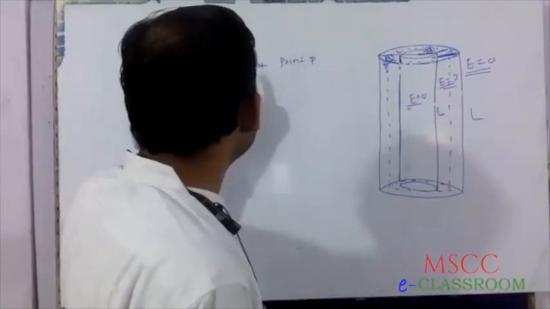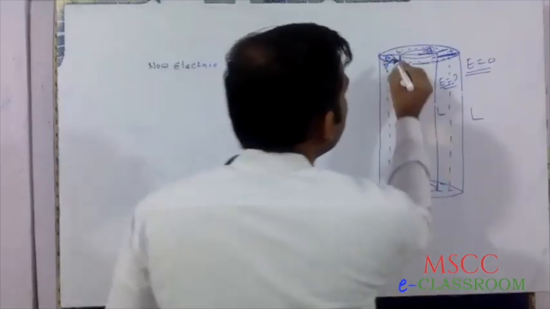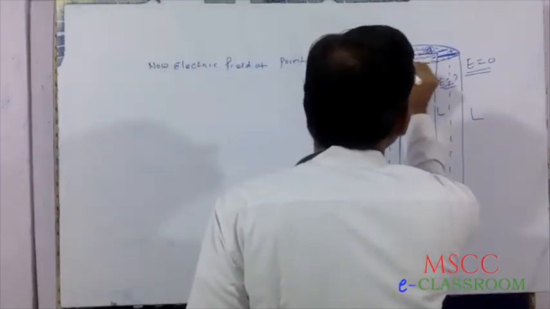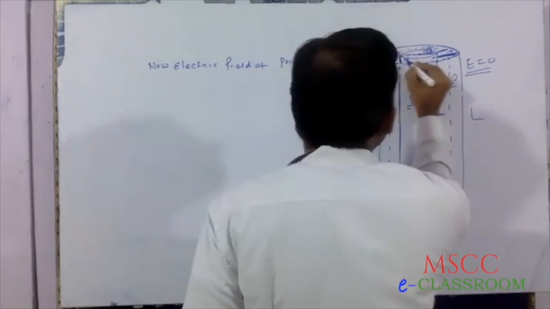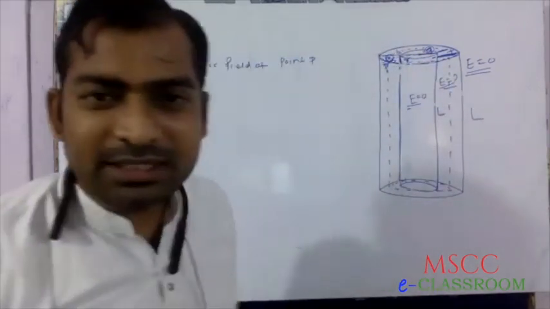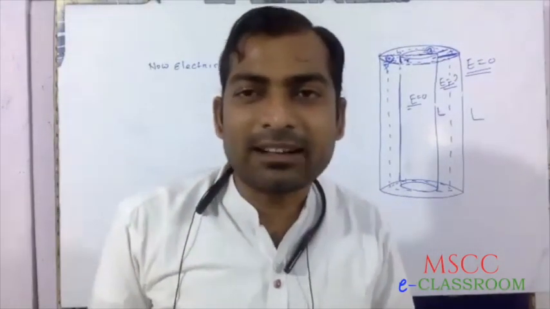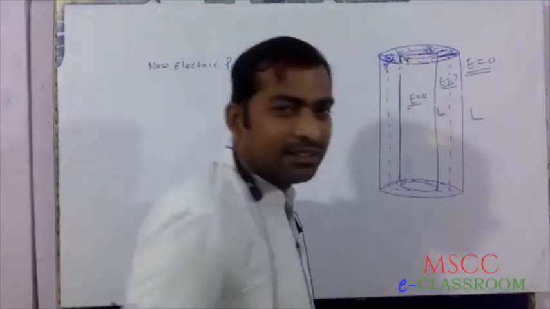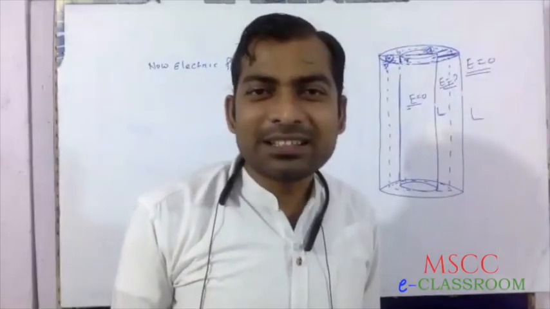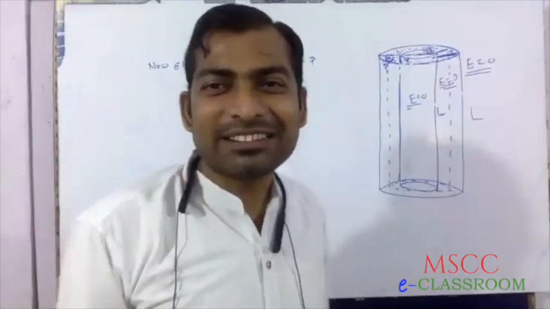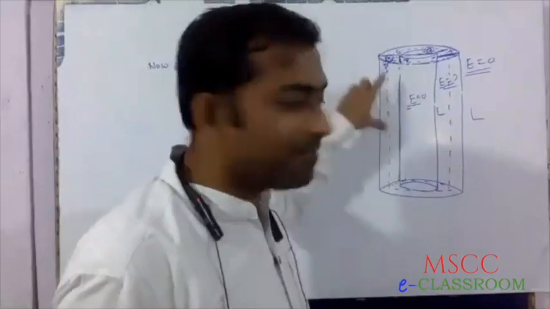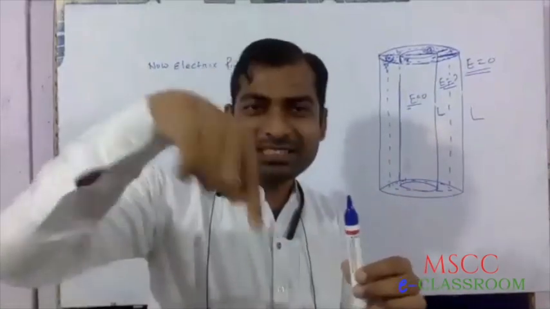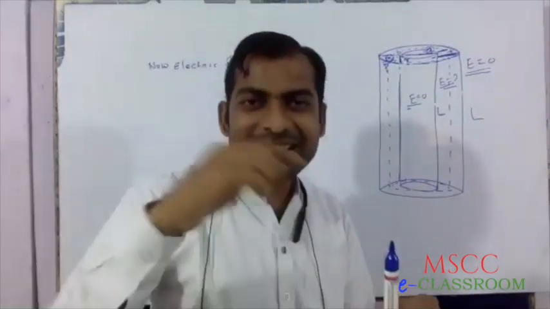Therefore, the electric field at a point P, which is at a distance smaller, therefore we assume a Gaussian surface whose nature is cylindrical, because it is a cylinder.